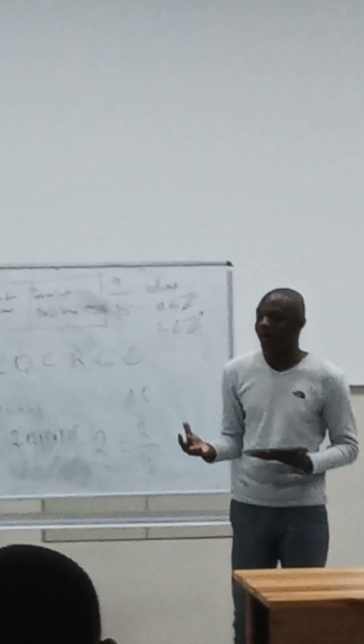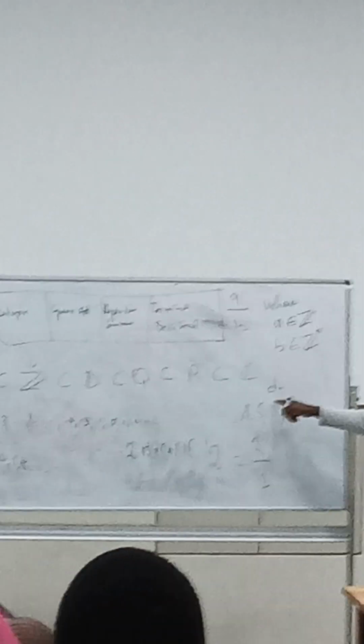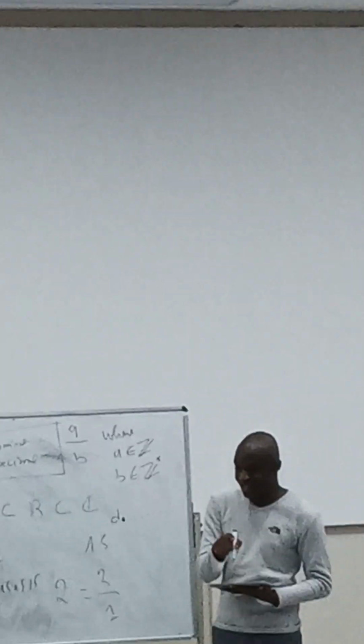Whenever you get an integer, dot, something, it is a decimal number. So the representation of a decimal number is d dot, where d is a natural number, then dot, some numbers. So an integer is a decimal number.